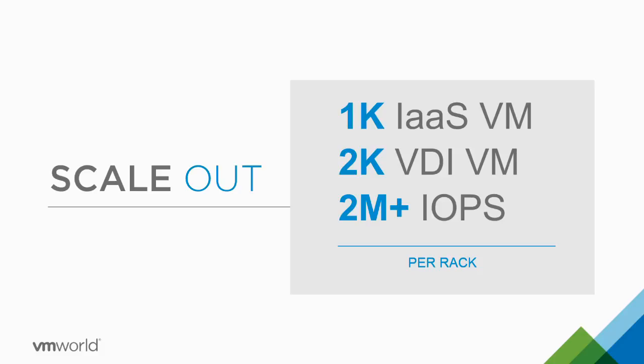If you're doing virtual desktops only, you can do about 2,000 VDIs, assuming about 1 vCPU, 4 gigabytes of memory, about 45 gigabytes of disk storage. And overall, using vSAN, you can get at least 2 million IOPS using a 10% SSD cache to hard drive ratio, or more million IOPS if you have more SSDs. And you can go to an all flash version also. So that's what you get out of this.